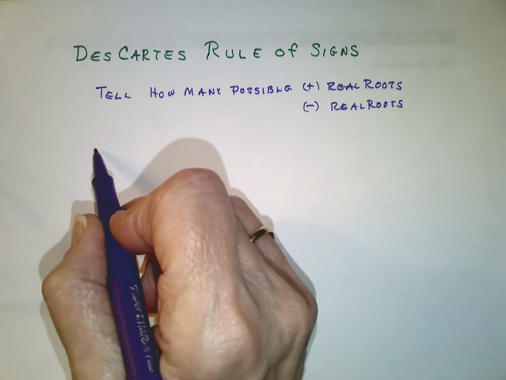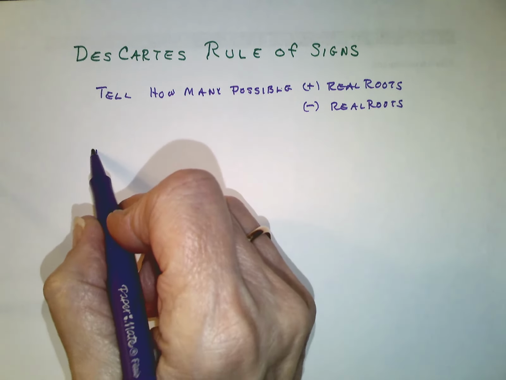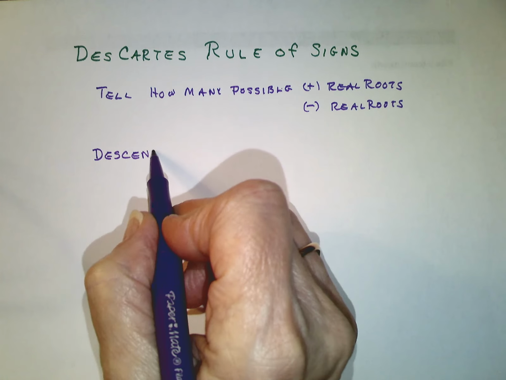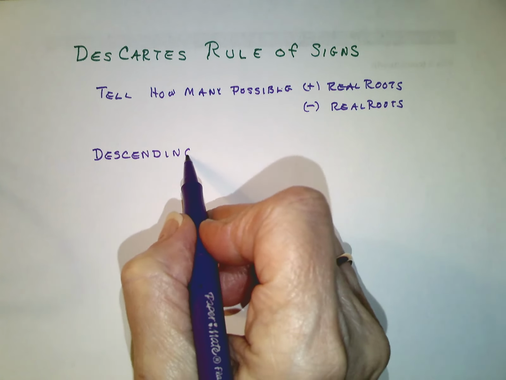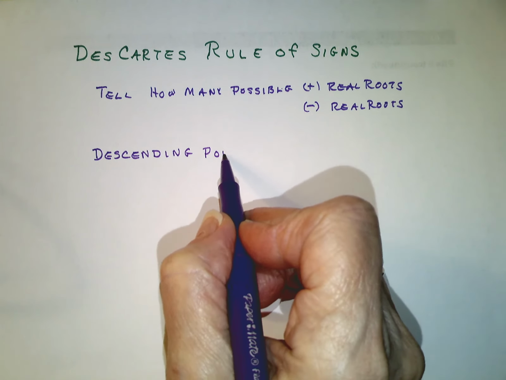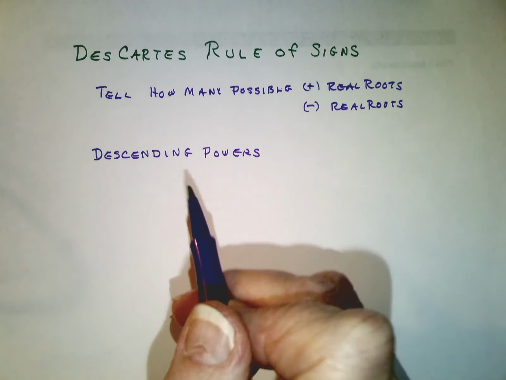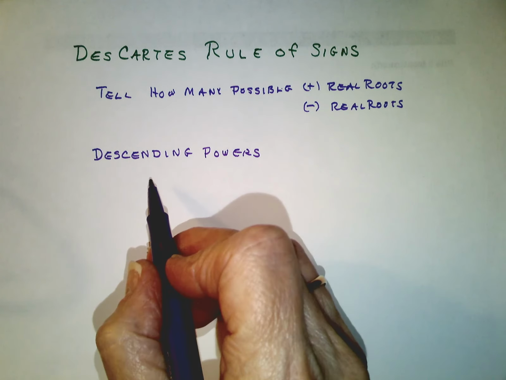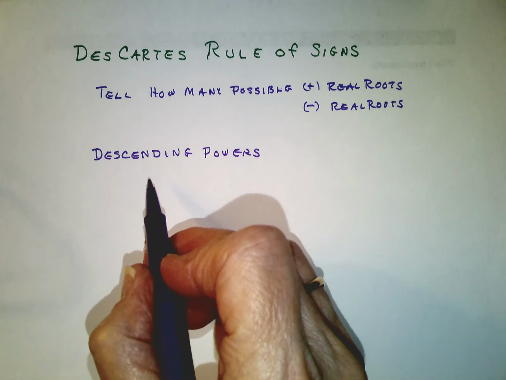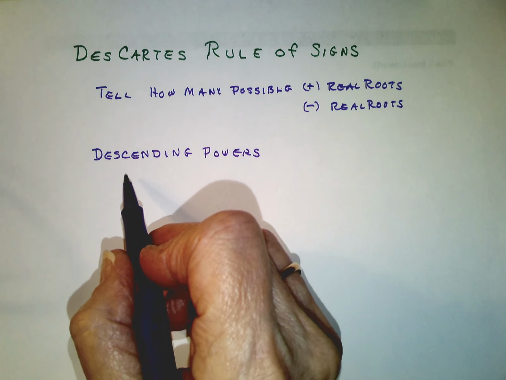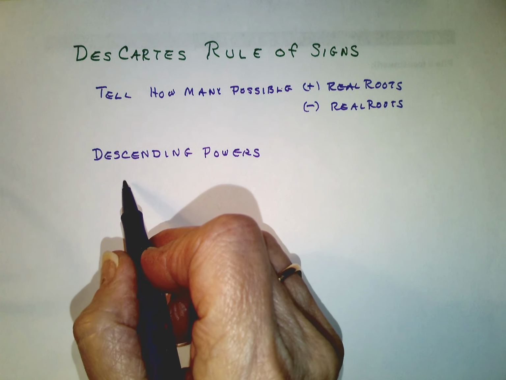To set up the problem, we put the problem in descending powers, like we're used to. And it does not matter if there are certain terms missing. It does matter if there is a common factor.